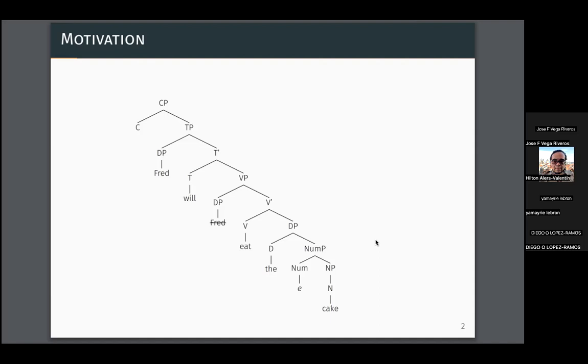We say, he sleeps. Sleep is a verb. We say, Fred eats cake. You again have a verb phrase, eats cake, but it's not just a verb. It's a verb and a complement. But in a sense, the verb sleeps and the phrase eats cake are both verb phrases.